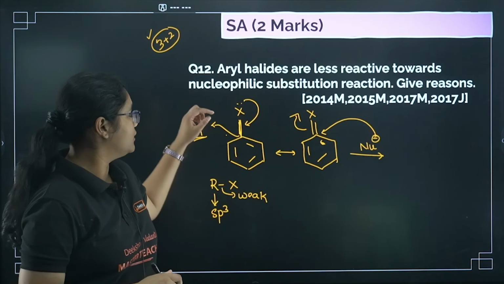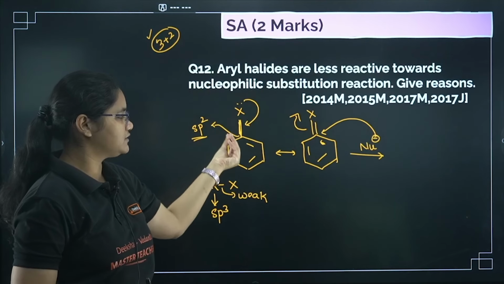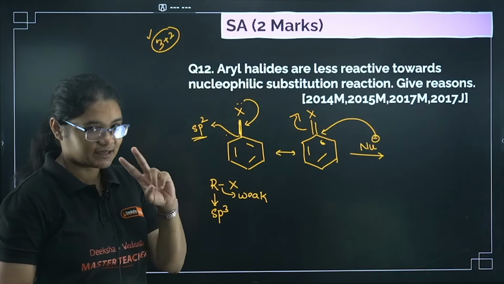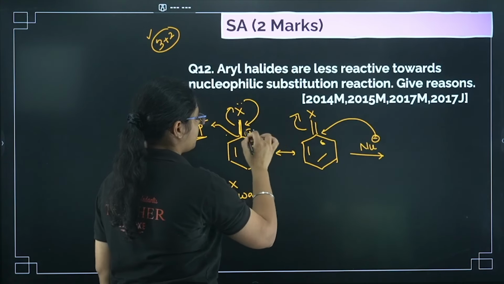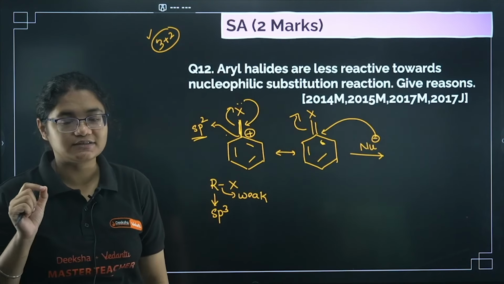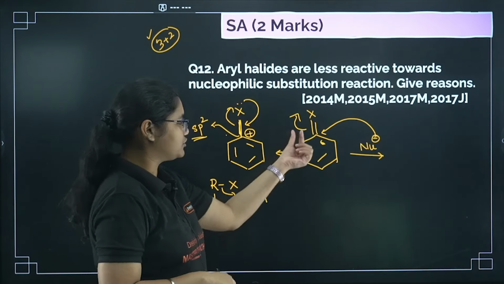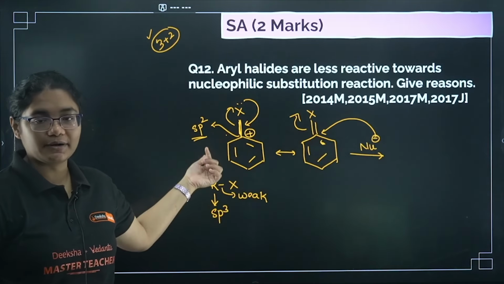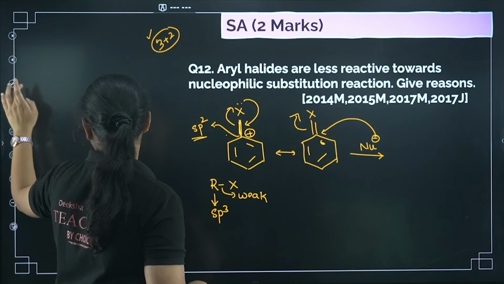So that is why, because this bond is very strong, a nucleophile cannot just come and remove this X. That's the second reason. Third reason is, somehow if the X goes also, you will get a carbocation here. A phenyl cation is formed which is highly unstable. So 3 reasons. First is the partial double bond character, second is the hybridization of carbon, and third one is your phenyl cation instability.